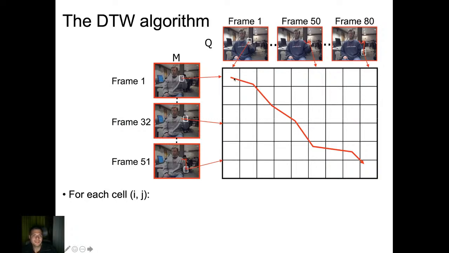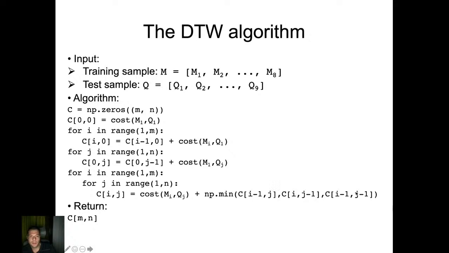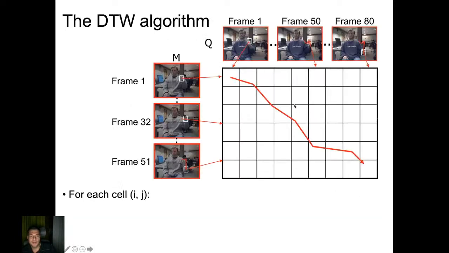So if you fill these cells here, when you go to try to find the optimal alignment for this location, you have to consider the minimum of these three here. So the minimum of these three components in C are, for this location, these three here.